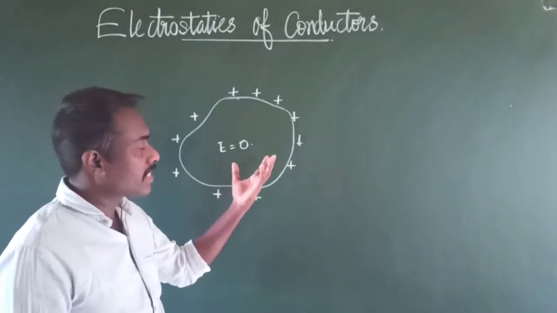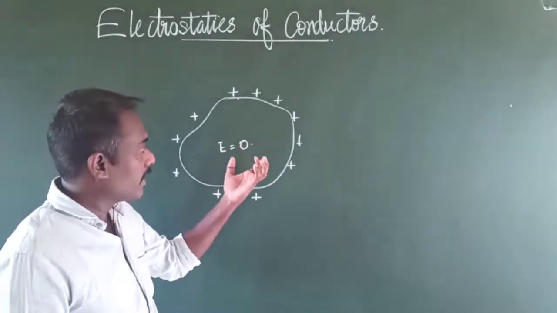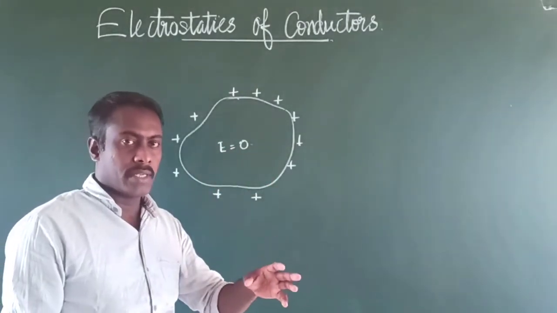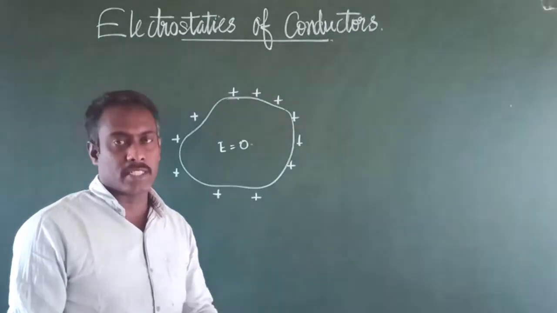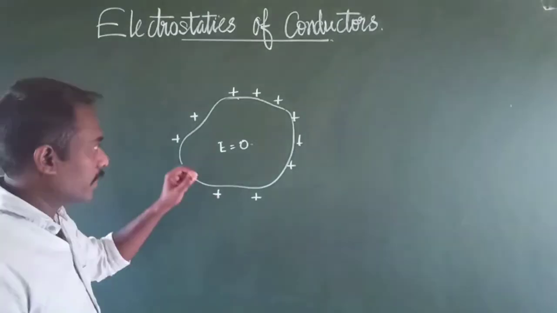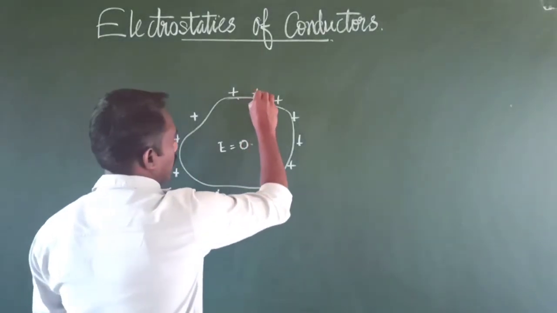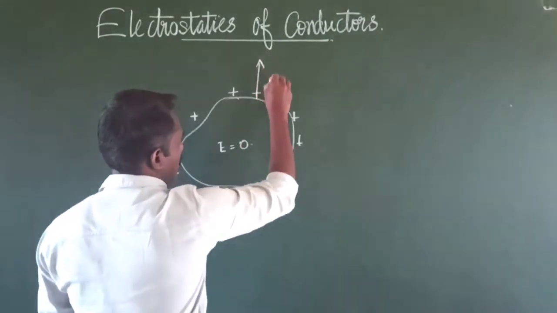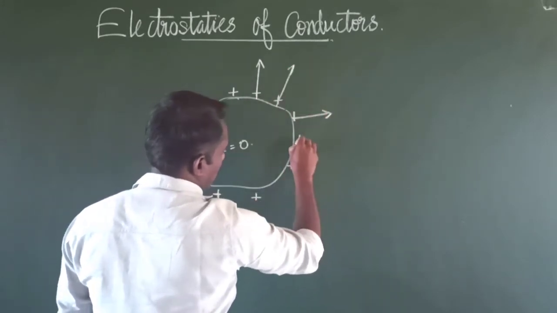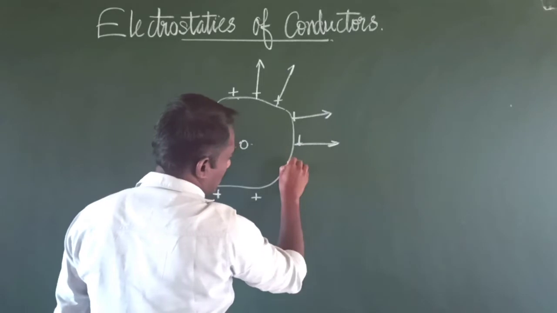When a conductor is charged and an electric field is present, there must be a particular direction for the field. The direction of the electric field at the surface of a conductor is always perpendicular to the surface.